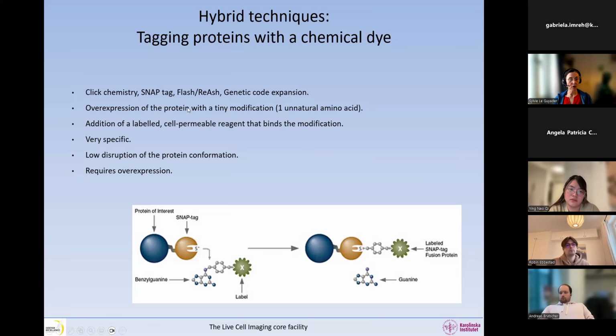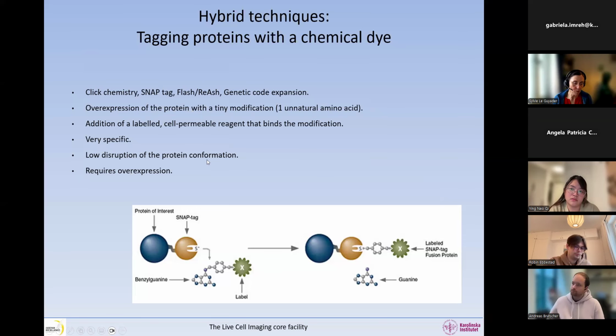But this protein is not fused to a fluorophore. Because of the tiny modification, we can now add a labeled reagent, which is cell permeant, it's going to go into the cell and bind very strongly to this little modification on the protein, and that protein is labeled. So this is extremely specific, and it has less disruption of the conformation of the protein.